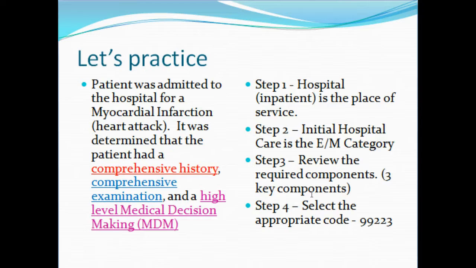In initial hospital care, you want to review the codes in that category, and as you can see, the required components for each code in the initial hospital care category says that all 3 key components are required in order to select the level of code here. So, as you can see, this patient has a comprehensive history, a comprehensive examination, and high-level decision making. So, of course, the appropriate code to select will be 99223.